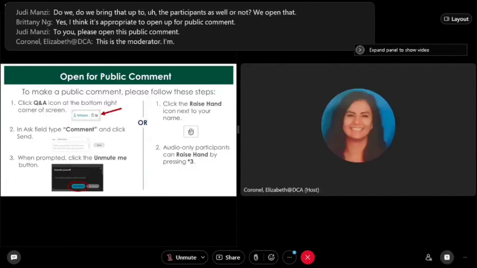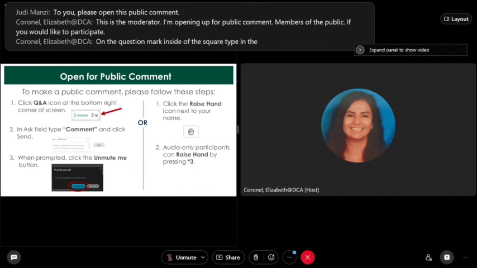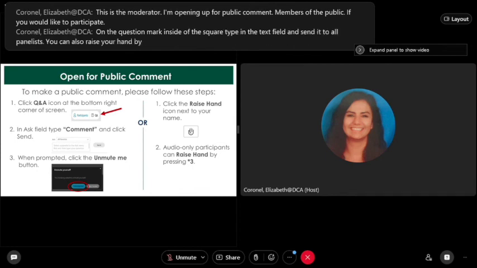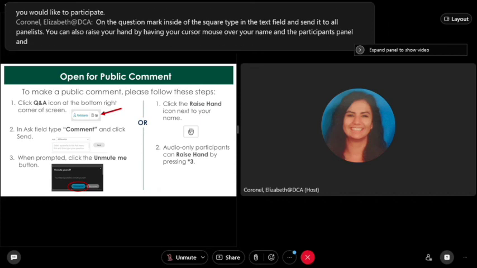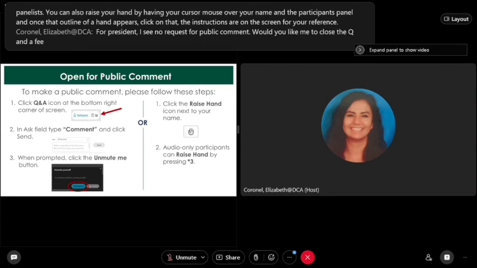Members of the public, if you would like to participate, click on the question mark inside of the square, type comment in the text field, and send it to all panelists. You can also raise your hand by hovering your cursor or mouse over your name in the participants panel, and once that outline of a hand appears, click on that. The instructions are on the screen for your reference. Board President, I see no request for public comment. Would you like me to close the Q&A feature? Yes, please. Thank you.